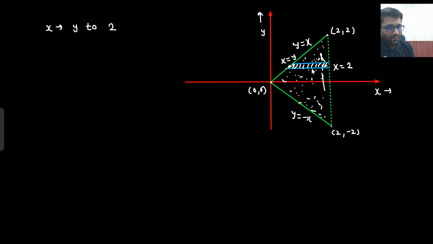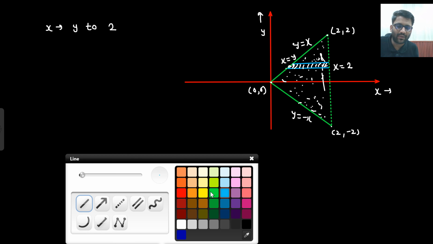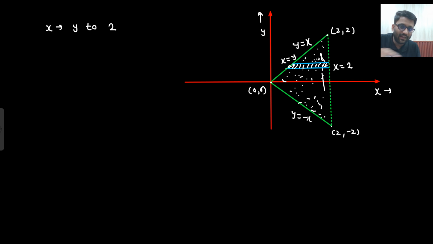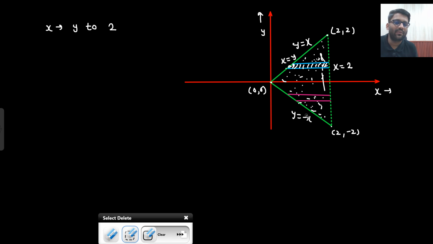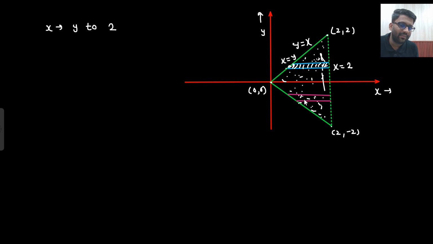But this strip will always work if your limit of x is going from y to 2. If you move this strip upward, y will go from 0 to 2 only. If this strip comes downward, just as it reaches here, x will change its limit, because this equation is y equals minus x, or x equals minus y.